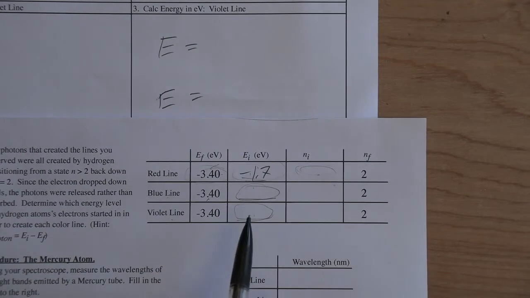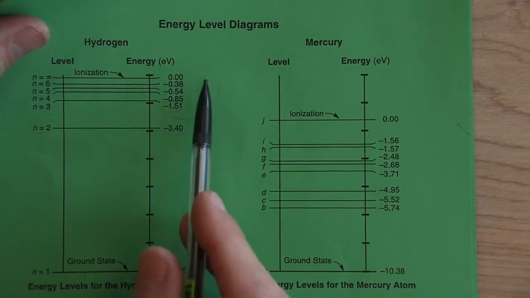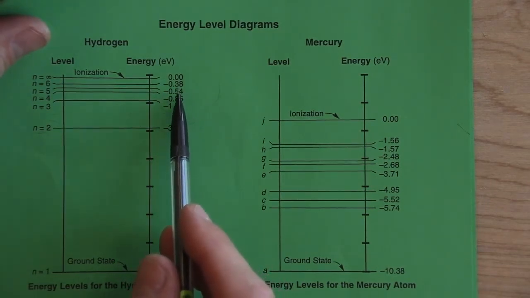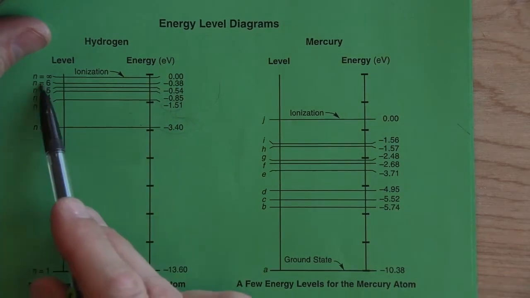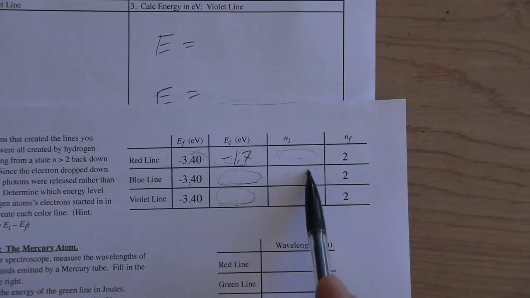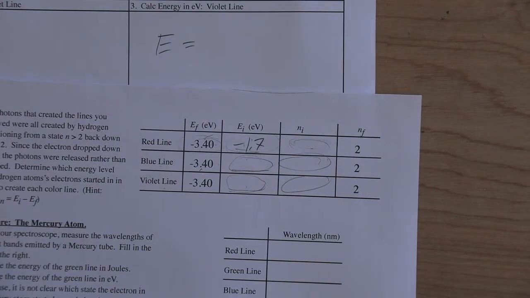Go ahead and fill these energies in now, and then go on the reference table and see which energy the electron began in to produce that line. Find the closest one, then find the number that corresponds to it and fill it in here and here. Go ahead and do that now.